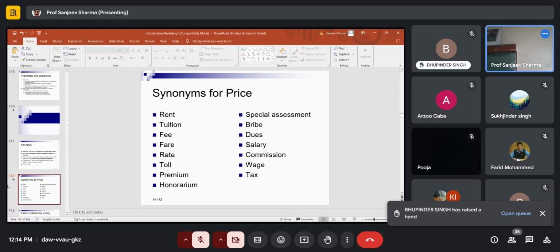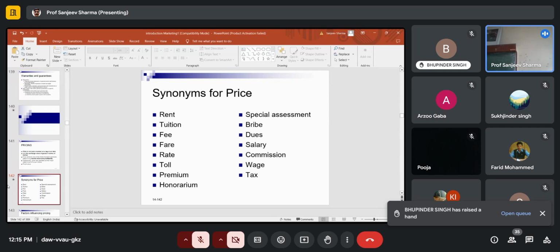Steps in pricing. What are the steps in pricing? First is the cost of purchase of the raw material. You cannot produce it yourself all the time, so there is certain cost involved in procuring that raw material.